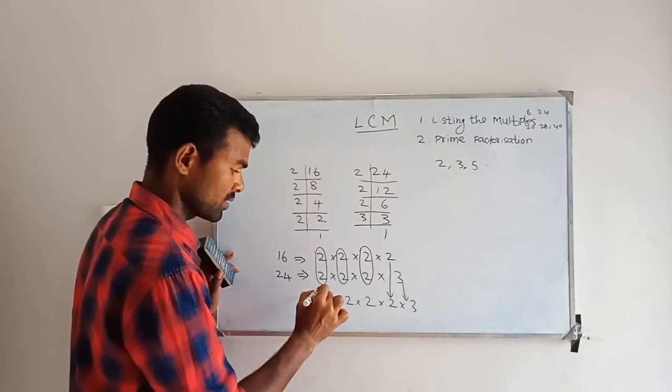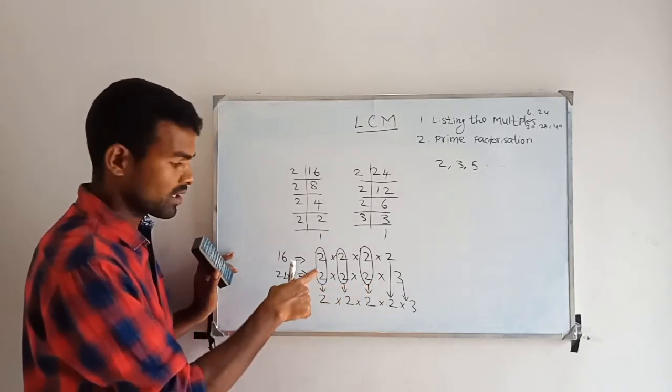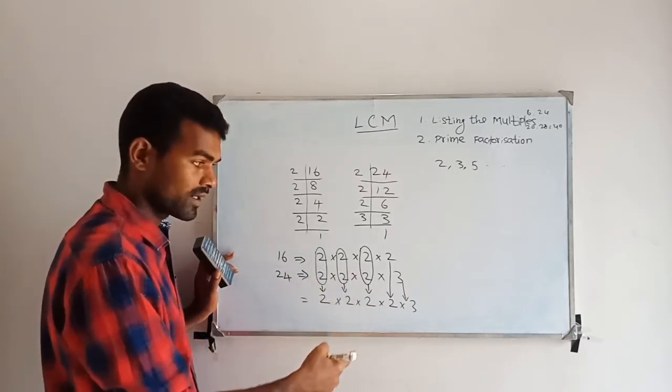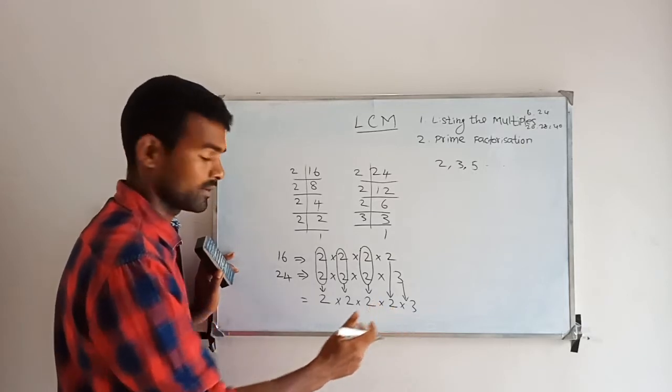Yes, understand? First the common factors you are writing. Afterwards, whatever is not common, which is a separate number, that also you have to write.